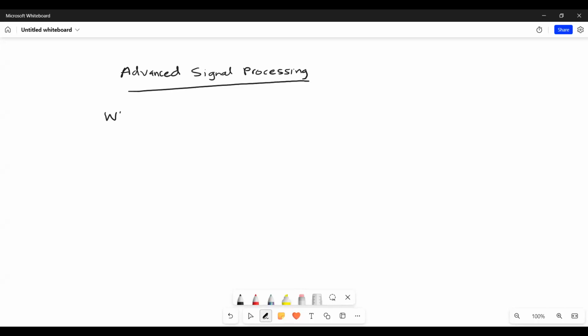So what exactly is signal processing? Signal processing involves transformation of signals into a useful format, right?